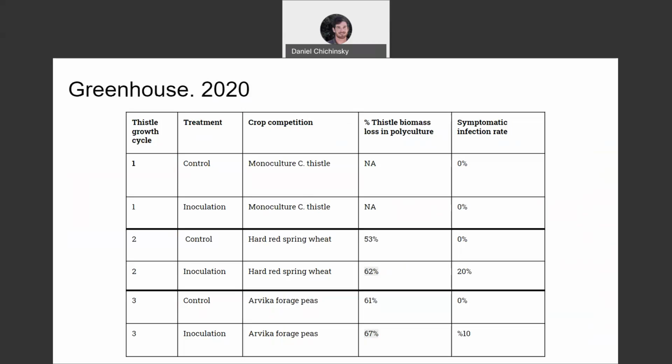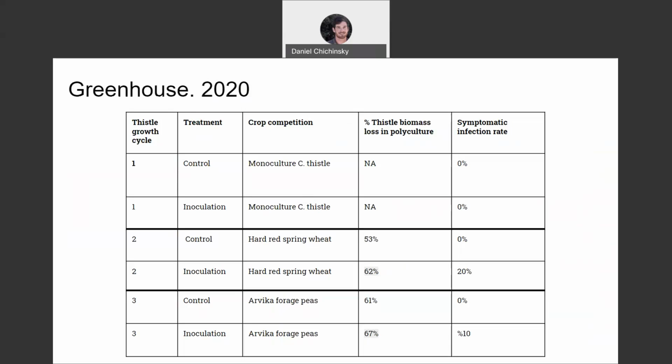In cycle 2, we planted a competitive crop of hard red spring wheat. Our control showed 53% thistle biomass loss when grown in polyculture. There was 0% symptomatic infection. Our inoculated treatment showed 62% thistle biomass loss when grown in polyculture, and there was 20% symptomatic infection.